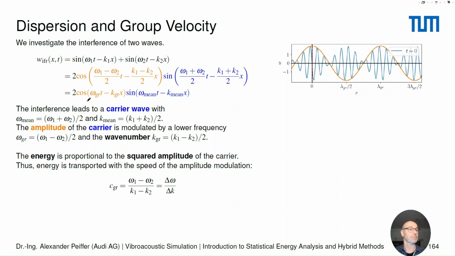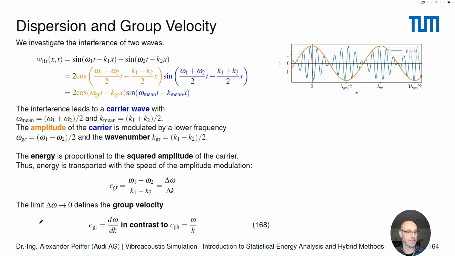Again, it can be easily done. The group velocity is just delta omega over delta of the wave number. And if this is getting very small, it's a derivative, so it's the derivative of omega with respect to k. This is the quantity, the group velocity, the wave speed that describes the propagation of energy.